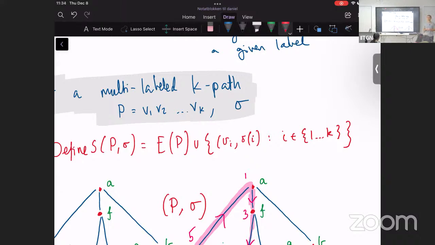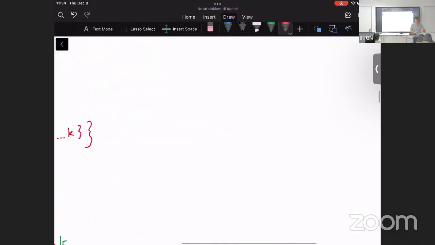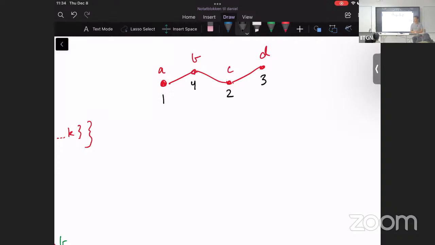No, from right to left and left to right, so here. I guess I can use the board here. Okay. So suppose I have a path. Here's a path, A, B, C, D, and I give it labels 1, 4, 2, 3.